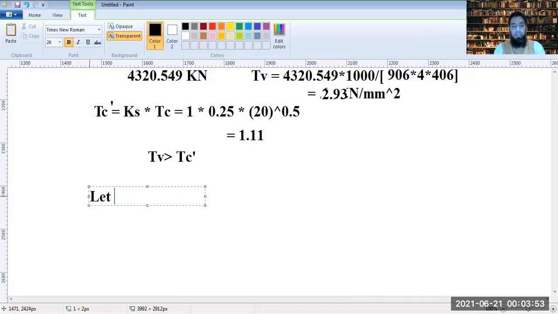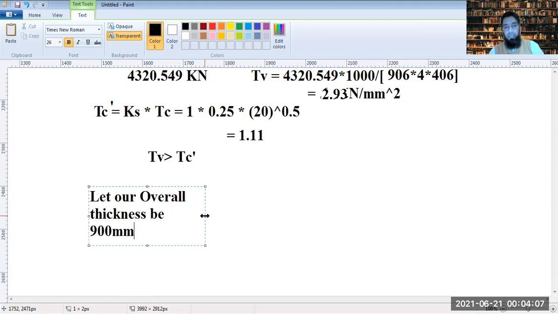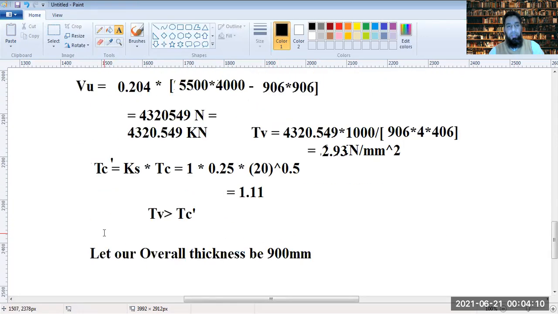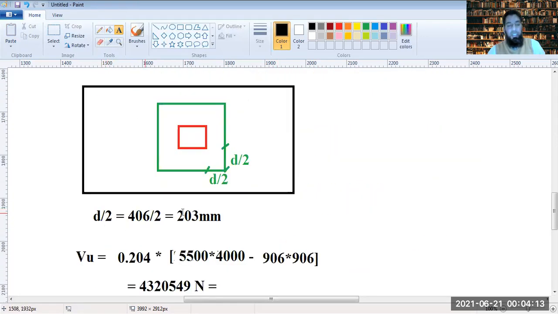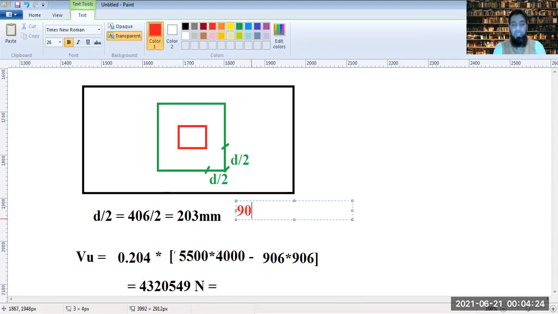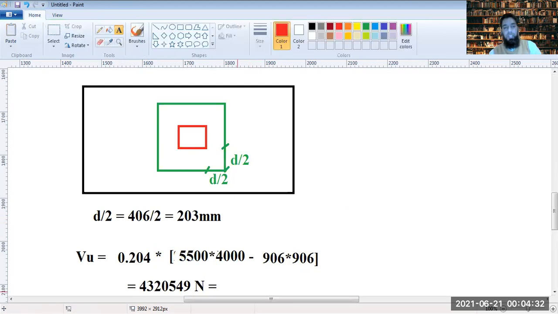Now let our overall thickness be 900 mm. Let's hope it is right this time around. Then d by 2 would be, I'm just rewriting over this, so let me use another pen here. So d would be 900 minus, first of all, let me get the average of the two.